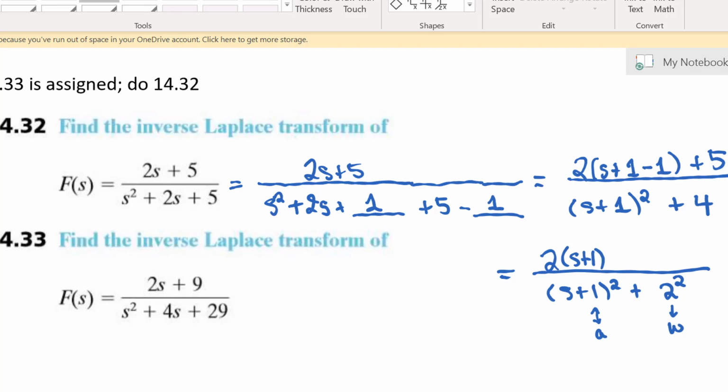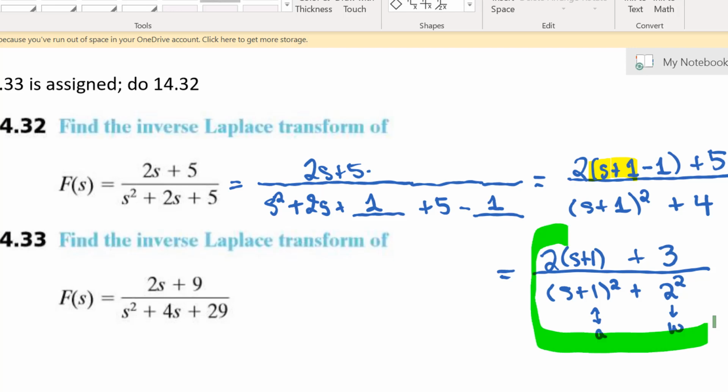So just save this s plus 1 right there so that the s plus a's match. And then combine everything that's left. So 2 times negative 1, so we get negative 2 plus 5. So that gives us 3. And you can check, you can multiply out, combine like terms and see, oh yeah, I get the same as the original. Now what we want to do is split this up into 2 separate fractions.